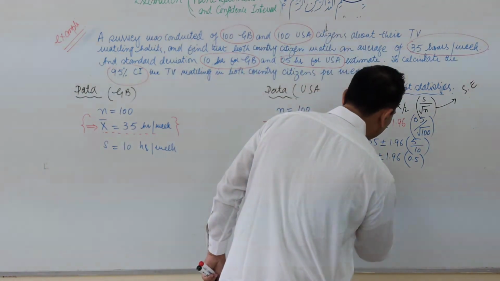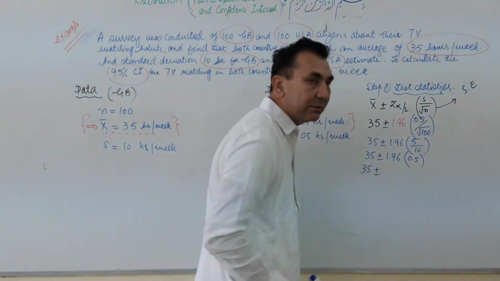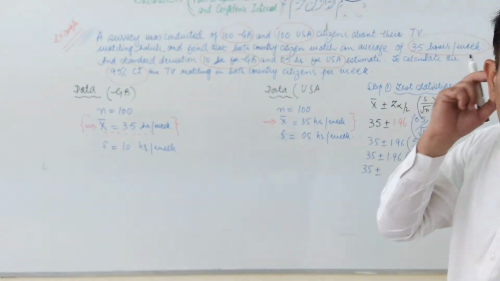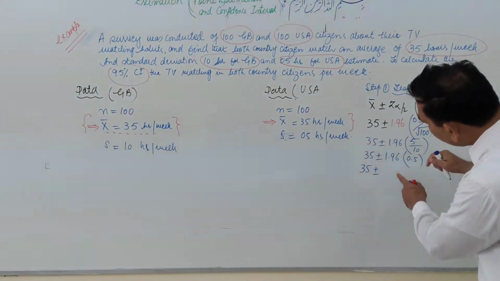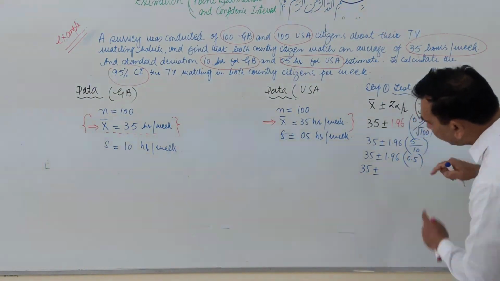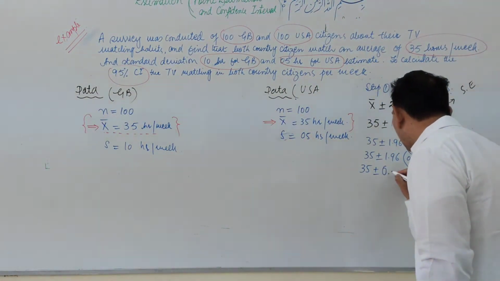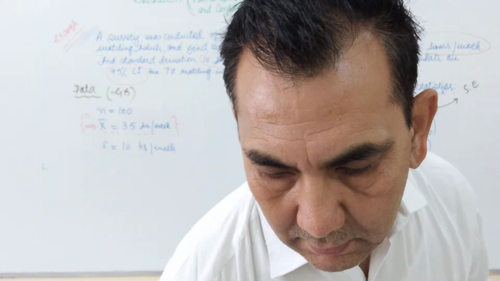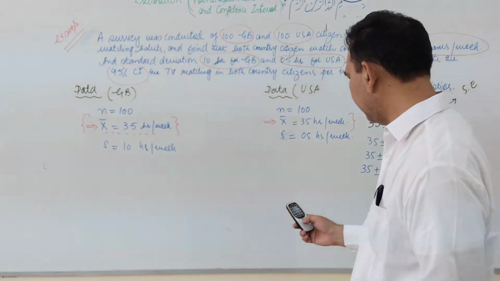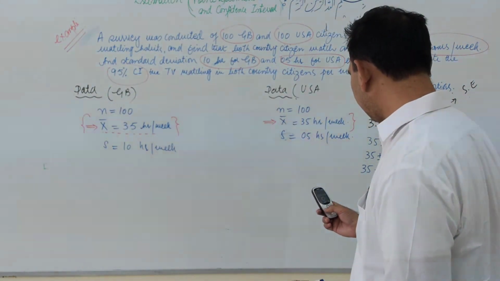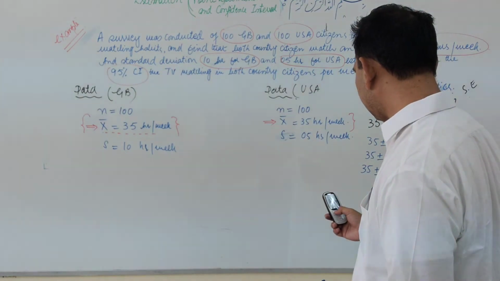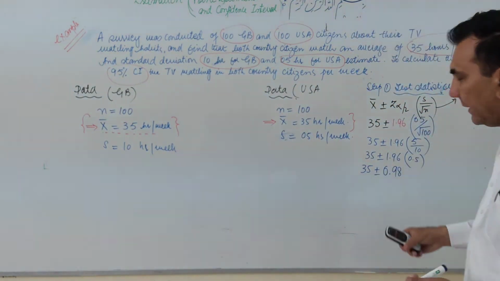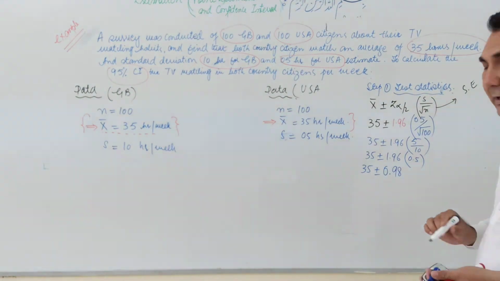Now 35 plus minus: if you multiply 1.96 by 0.5, it comes to 0.98. So what will you do next?